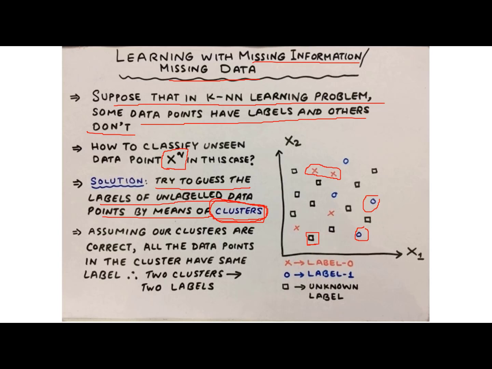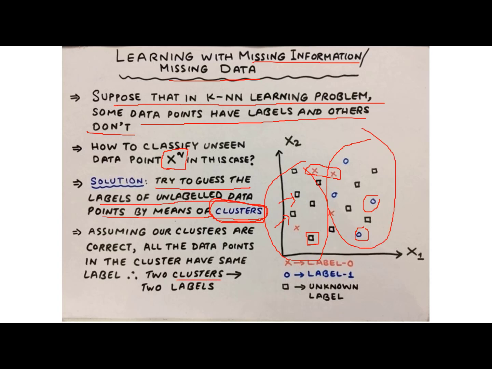So in this example, we wish to assign labels. Our first task is to assign labels to the unknown or unlabeled data points, the squares. And once the clustering is performed, and if we could distribute these data points among different clusters, then all the data points in the same cluster will have the same labels.